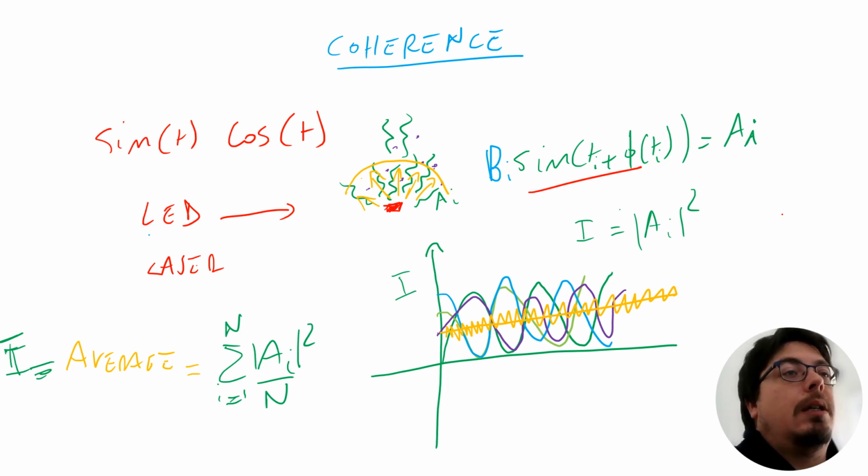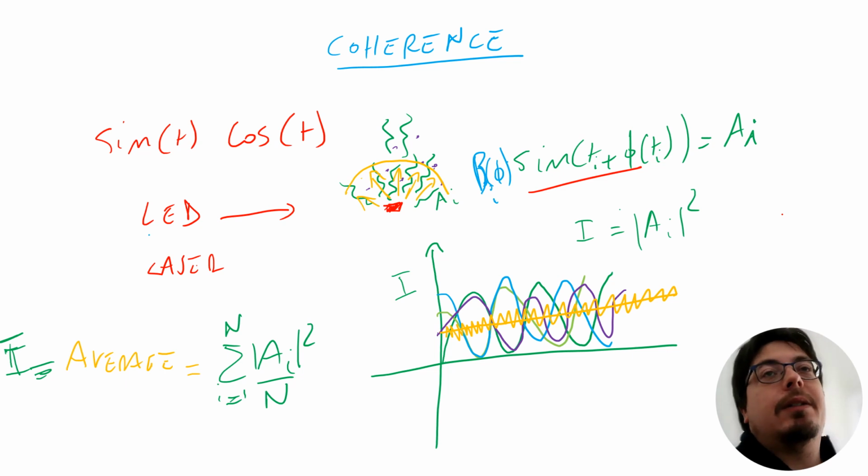So the amplitude of each of these photons, let's say, or waves, depending on the phase, is also random, okay? And therefore there is no preferential direction.